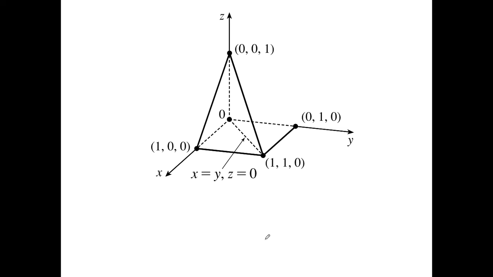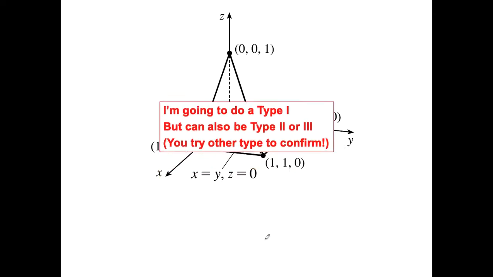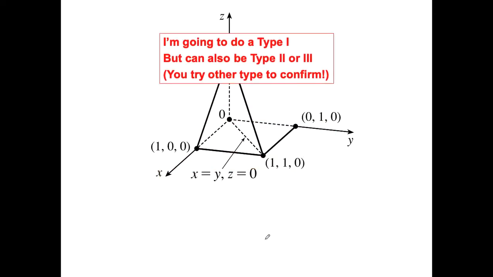Now, what's interesting about this particular problem is that I'm going to make this a type 1 triple integral. But what's very interesting is that you actually can do this one as a type 2 or a type 3. So because it's a type 1 situation, follow my lead and see how I do this one.